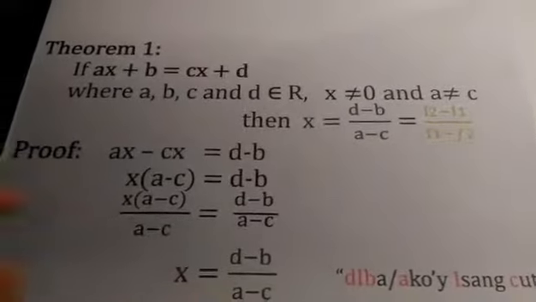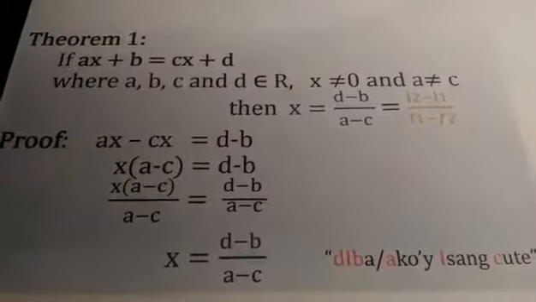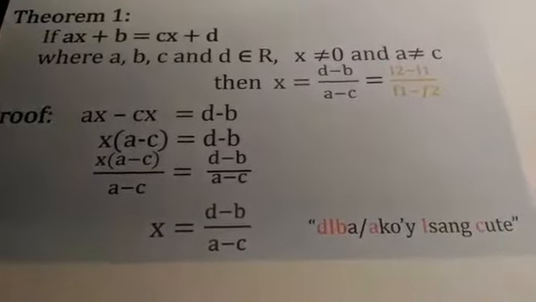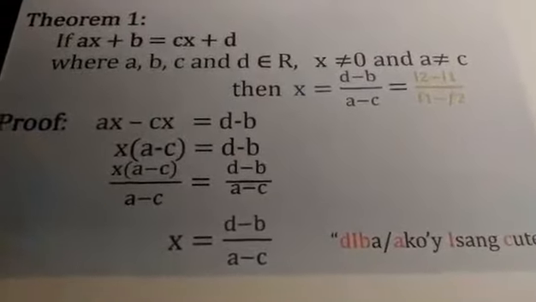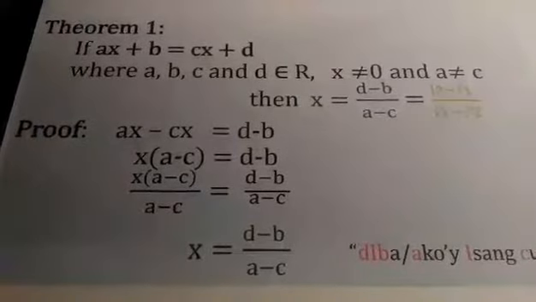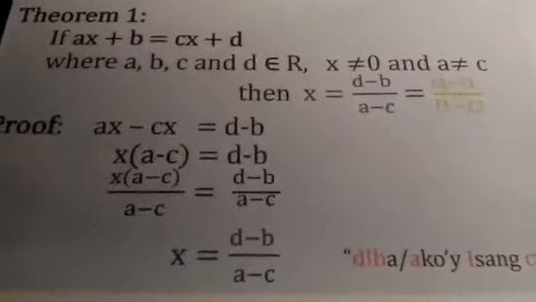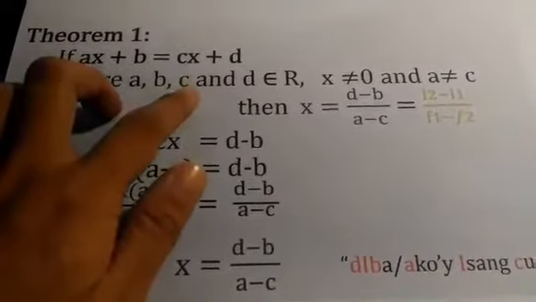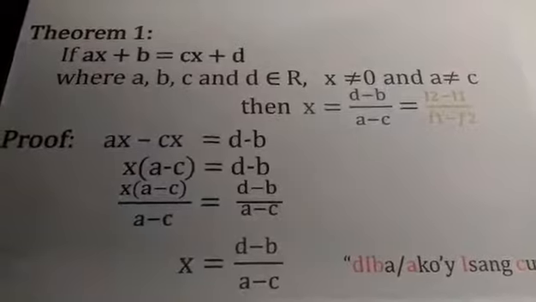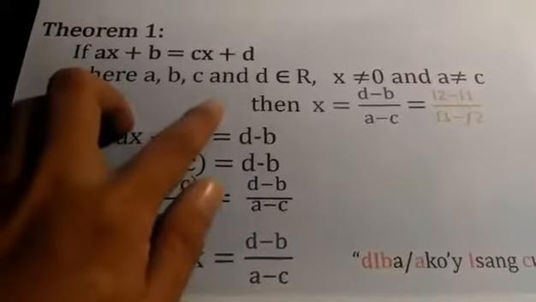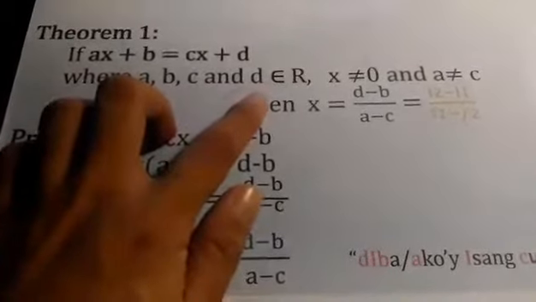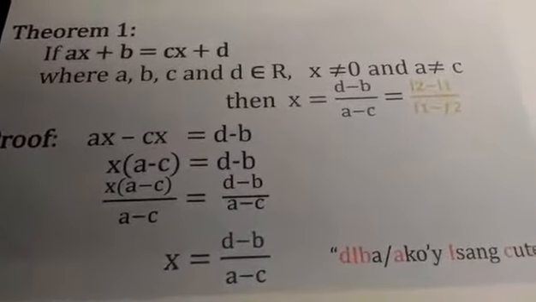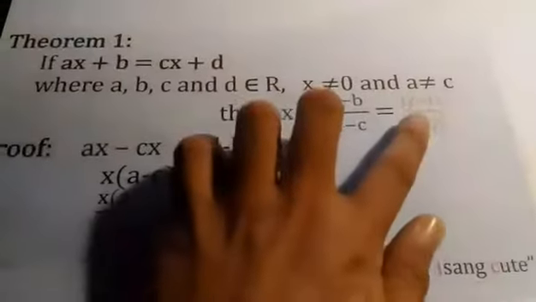And now I'll be giving the easy way, or the fastest technique, to answer the particular given equation earlier. With the same format, theorem 1 states that if ax plus b is equal to cx plus d, where a, b, c, and d are elements of real numbers, and the condition is that x should not equal 0 and a should not equal c.